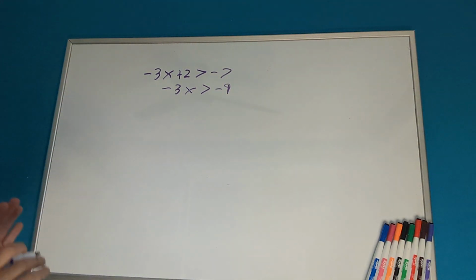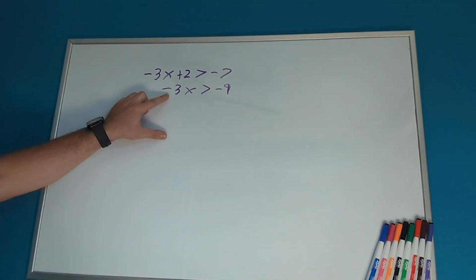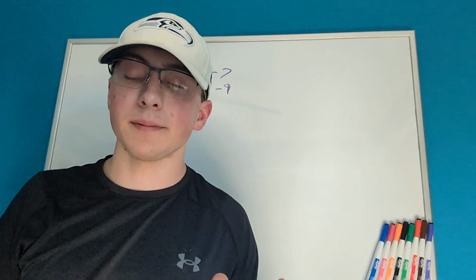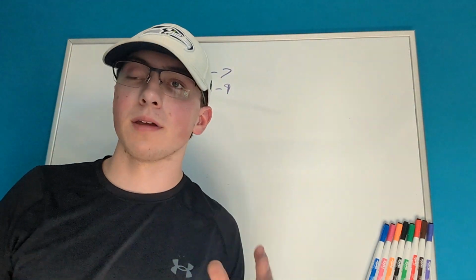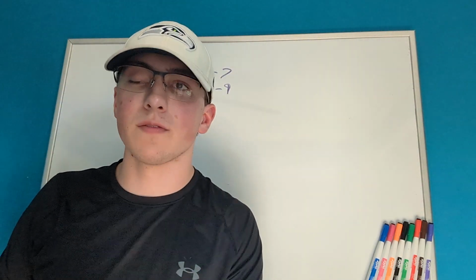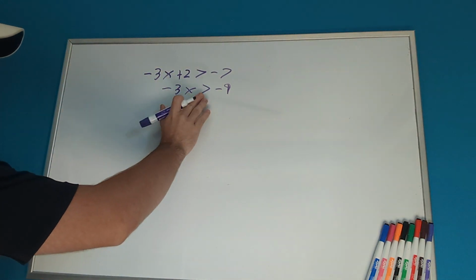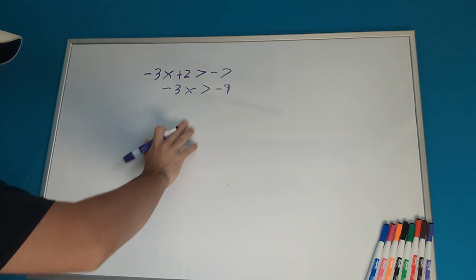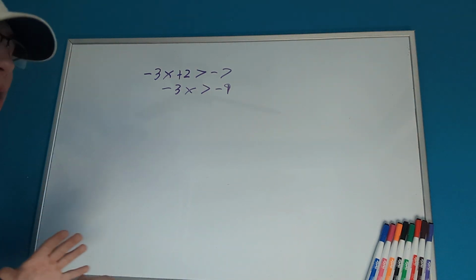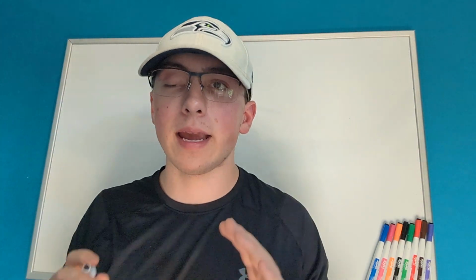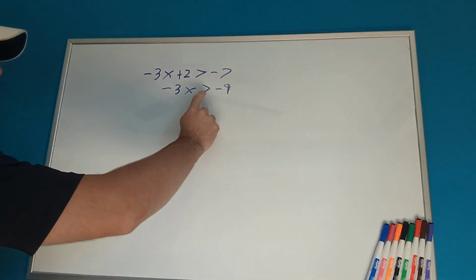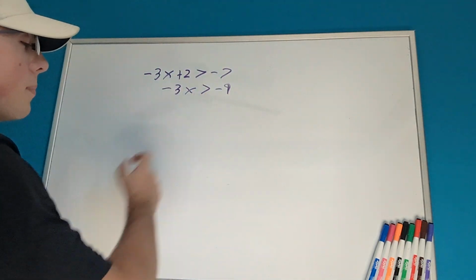Now we have a problem here. We have this negative 3. And you're used to working with linear equations where you just divide by 3 and everything stays the same. When you're working with linear inequalities like these, right? When we divide or multiply by a negative, the way that this sign is facing has to flip.